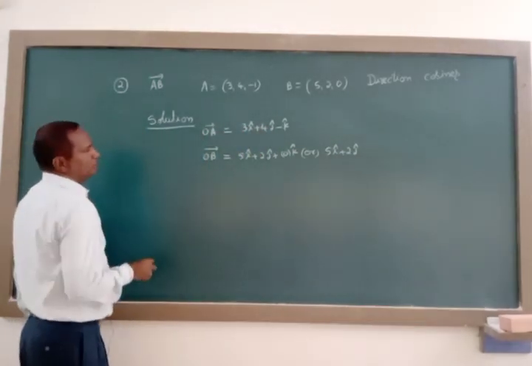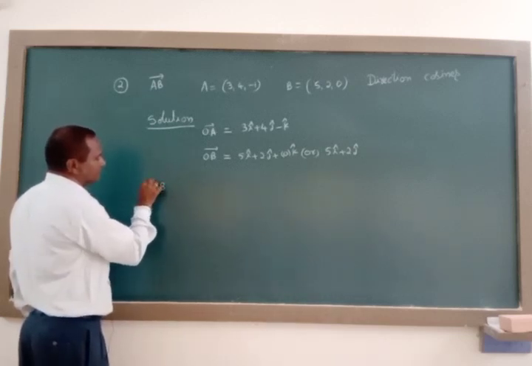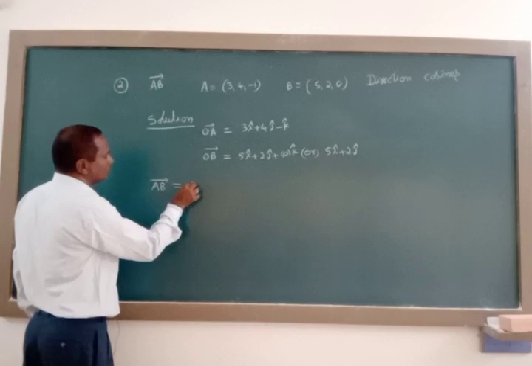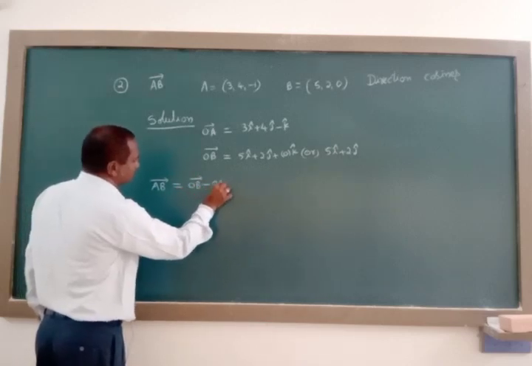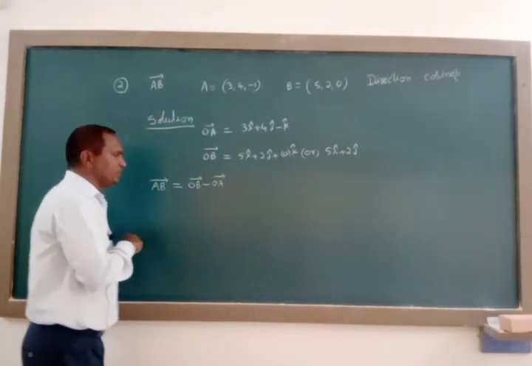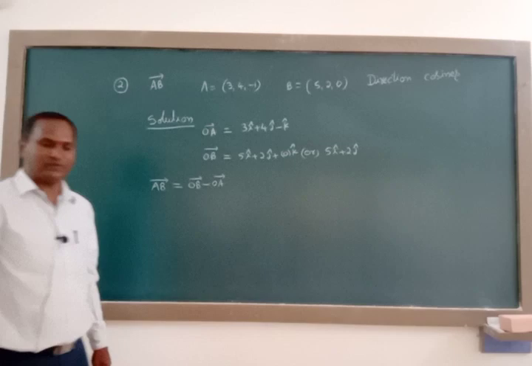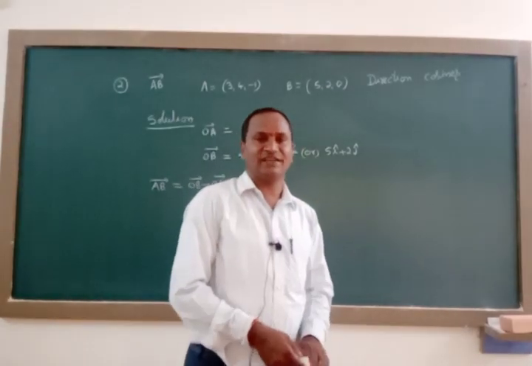From these two, we are going to find the vector AB bar here. Consider the vector AB bar is equal to OB bar minus OA bar, that is, second minus first. Already we knew how to convert the vector in terms of position vectors. Here the vector AB bar is there.